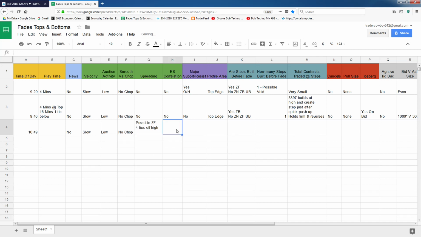I'll put all that other stuff in the notes section. There's definitely no ES correlation. Major support resistance. No. This level.